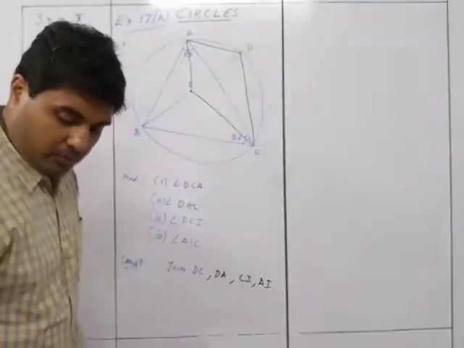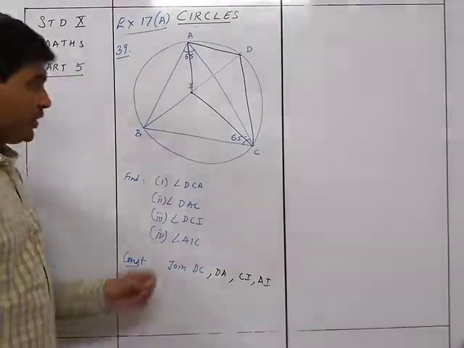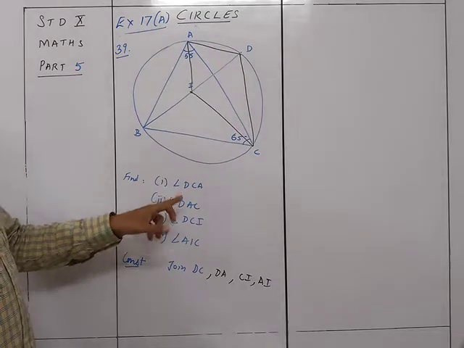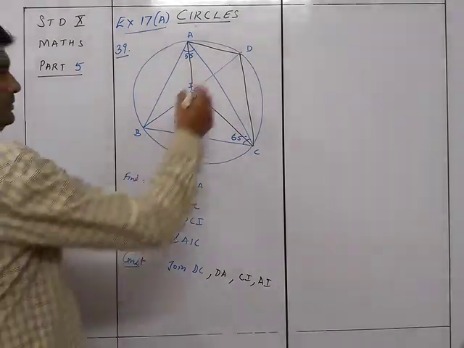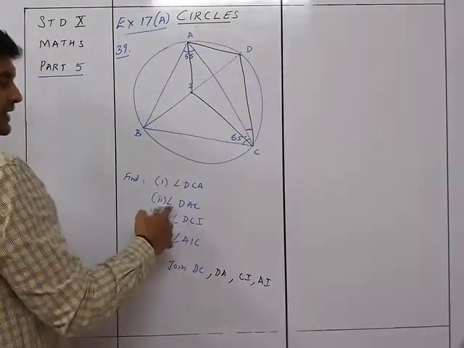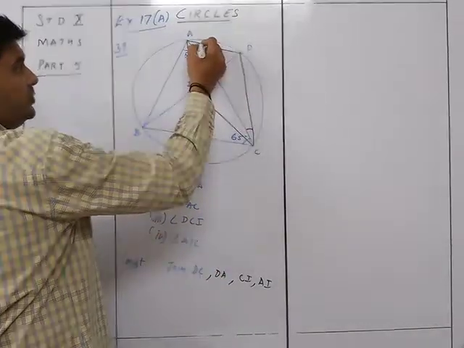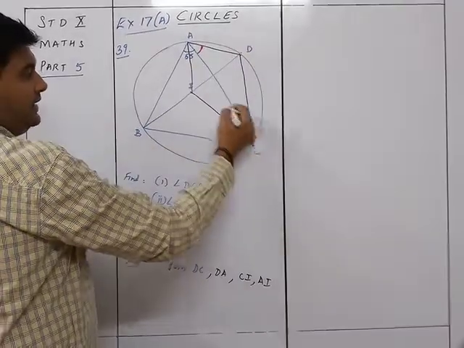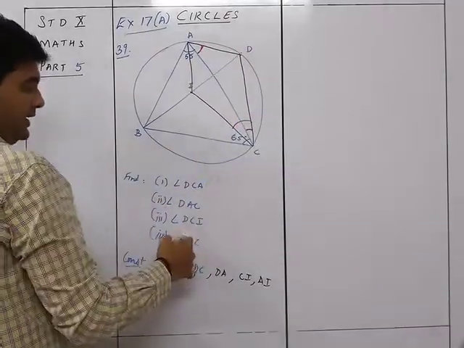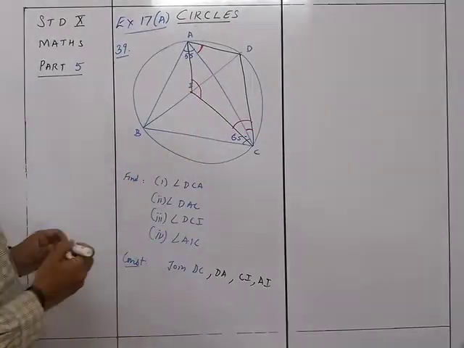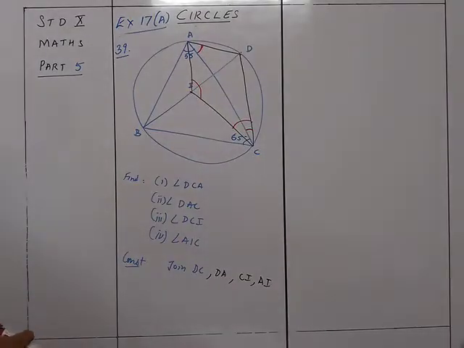Now we need to write down certain important things. First thing, you want DCA, this angle, okay. Second is DAC, this angle is what you want. You want DCI, the complete angle over here, and AIC, the complete angle over here. These are the angles you require. Fine.